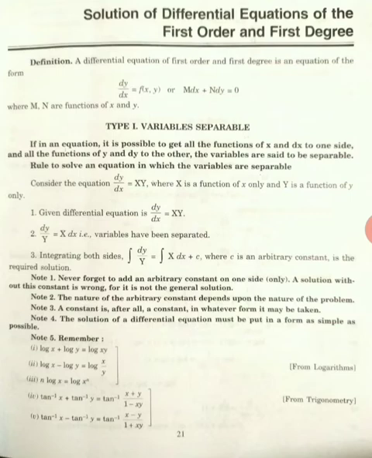What is the method? Separate the variables, x on one side, y on the other side. The y variable function can be taken in LHS, that is dy by y, and the x variable function can be taken in RHS, that is x into dx. So we separate the variables in LHS and RHS.